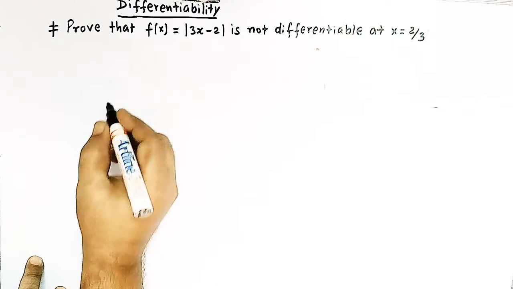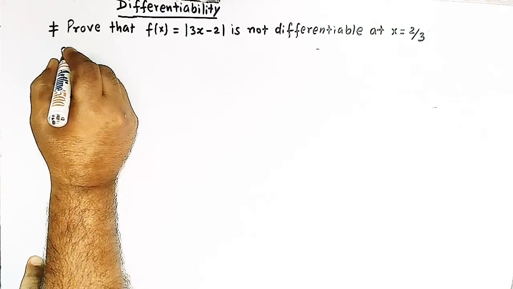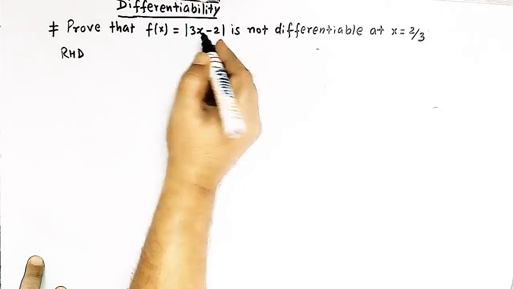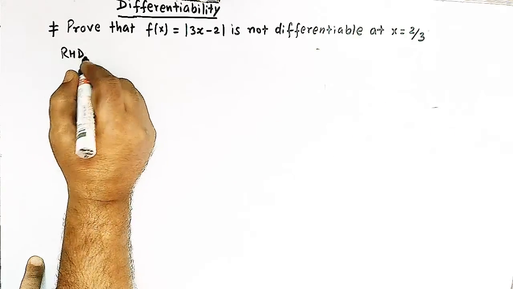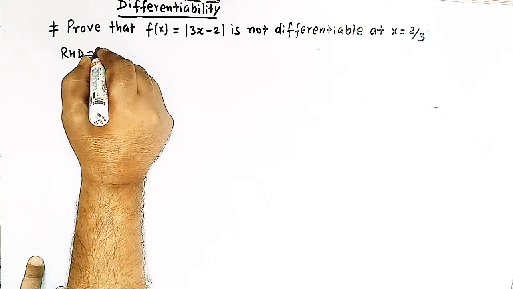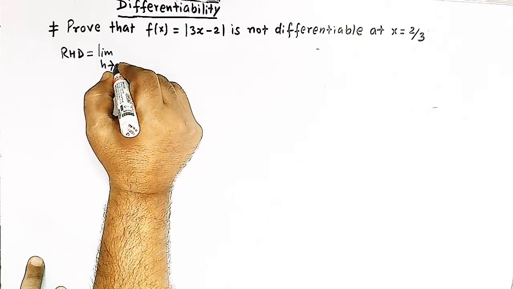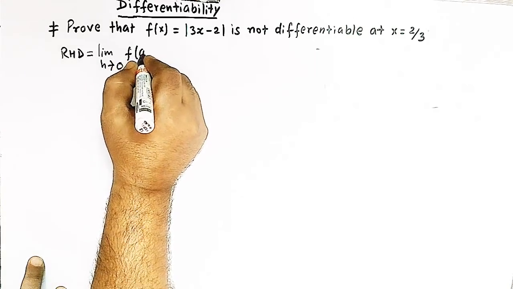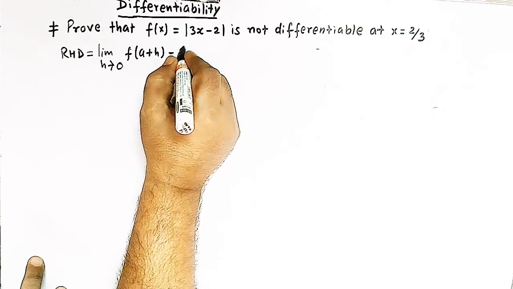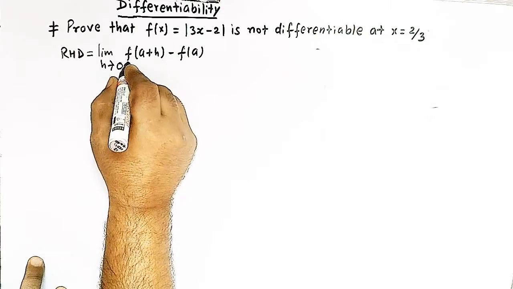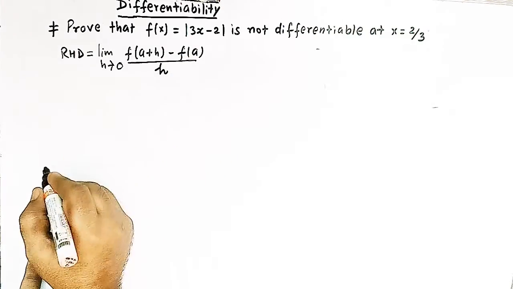So let us first find the right hand derivative of this function at this point. The right hand derivative is defined by this limit h tends to 0, f of a plus h minus f of a divided by h, right?